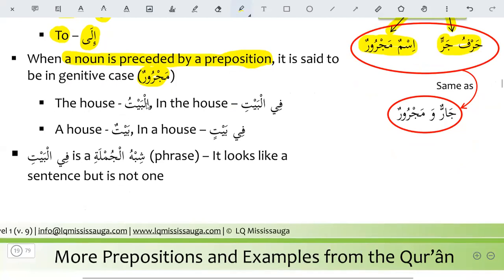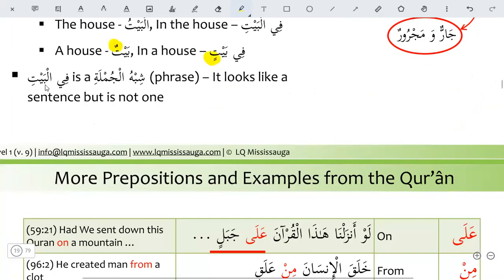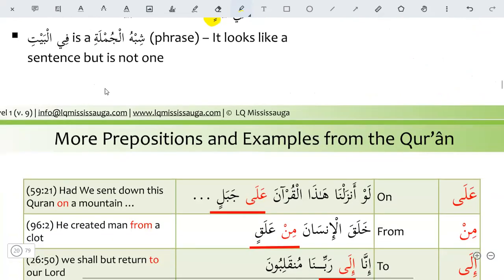The house, al baitu; in the house, fil baiti. A house, baitun; fi baitin. After using the preposition, it becomes majrur and takes kasra here. Fil baiti is a shibul jumla, a phrase. It looks like a sentence, but it is not a sentence.